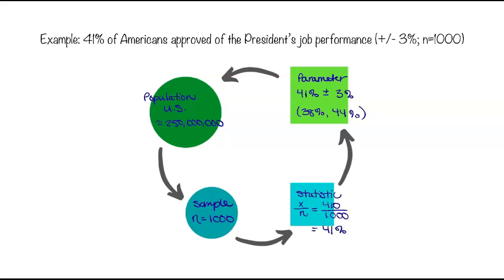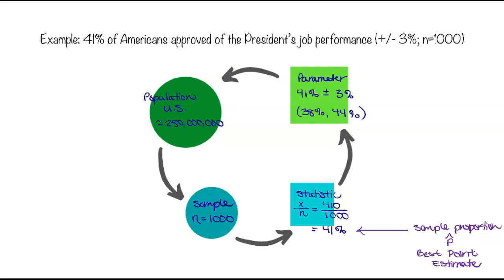We don't expect the actual value of the parameter to be exactly the same as that of the statistic, but we do expect them to be relatively close together. This value of the statistic, the 41% that they got from the sample, is a sample proportion, which we notate by p hat. This is also considered the best point estimate for the population proportion.